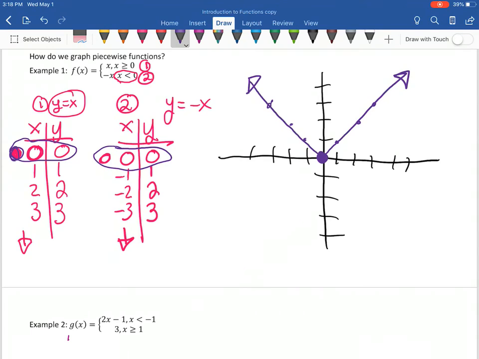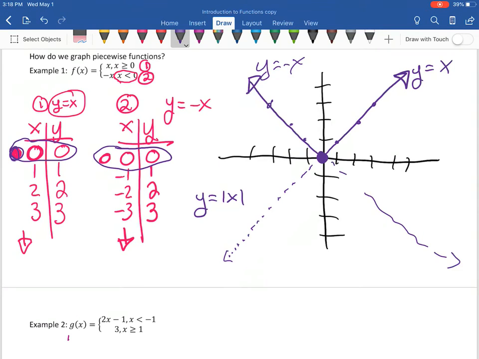Now, if you notice, this is actually the graph of the absolute value of x. This is how the absolute value of x is defined. It's defined by a piecewise function. I use the graph of y equals x. If I drew the whole graph of y equals x and not just a piece of it, it would be this whole line, y equals x. And then if I graph the line y equals negative x, the whole thing, it would look like this.